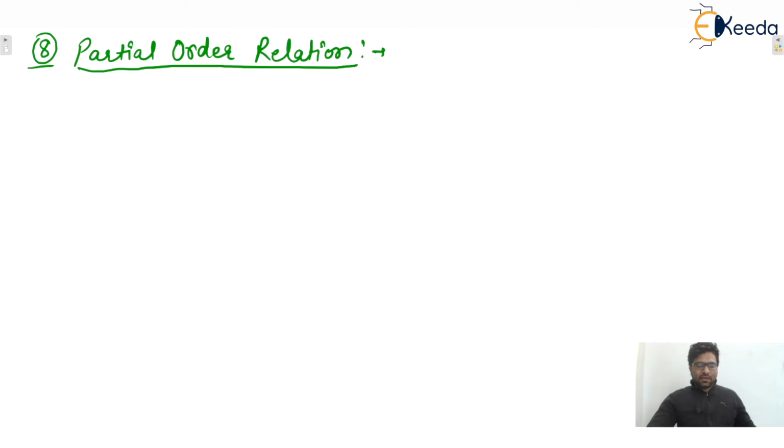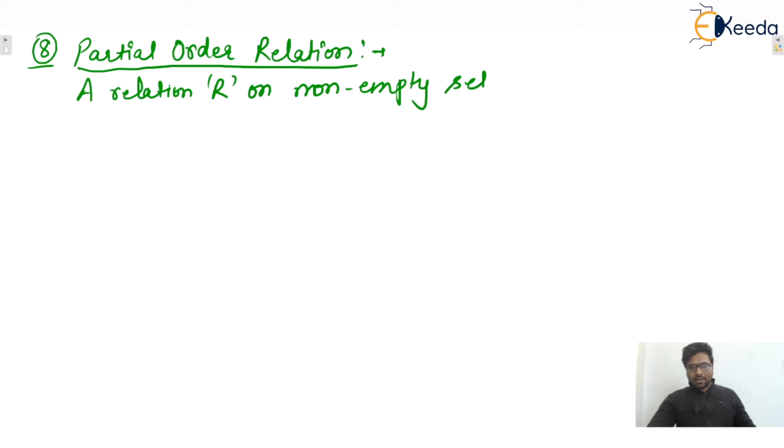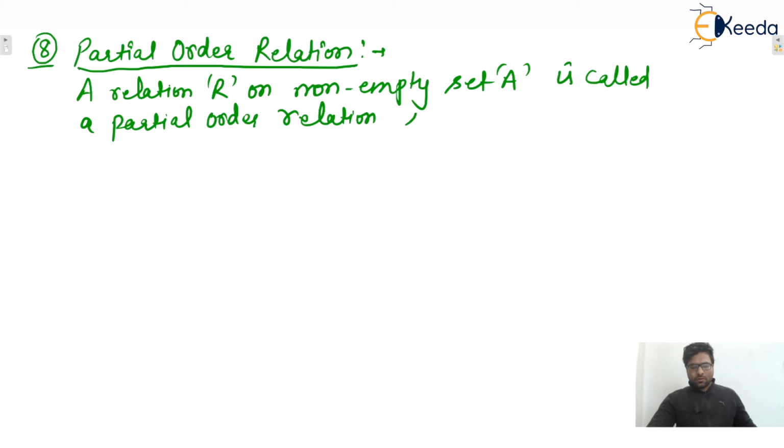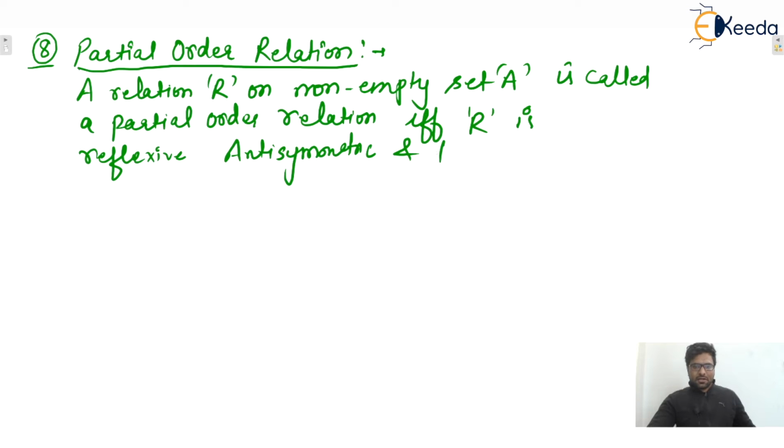In this, we can say that a relation capital R on a non-empty set capital A is called a partial order relation if and only if R is reflexive, antisymmetric, and transitive.